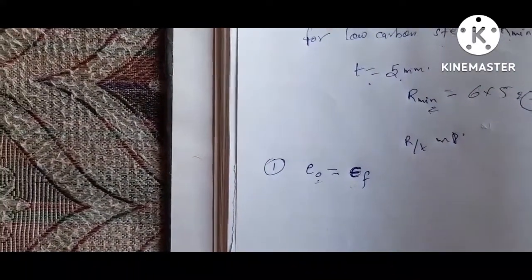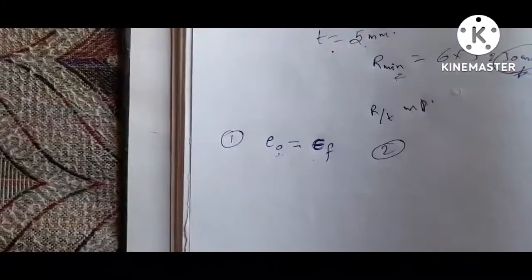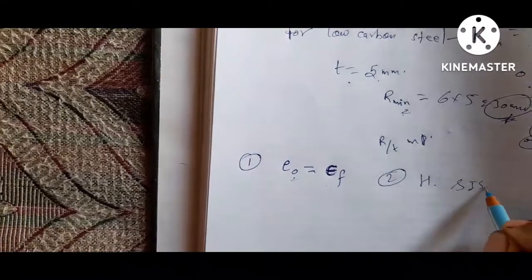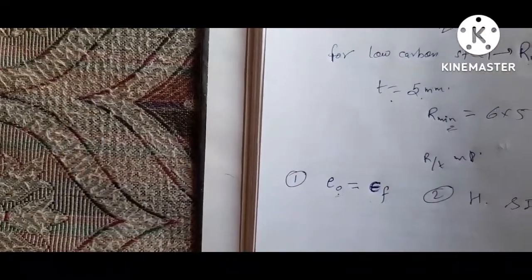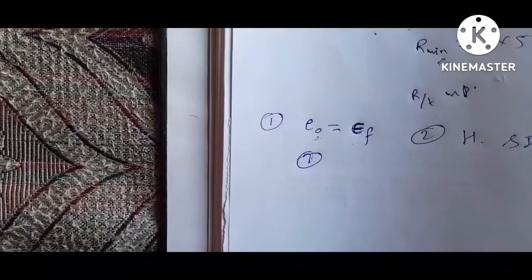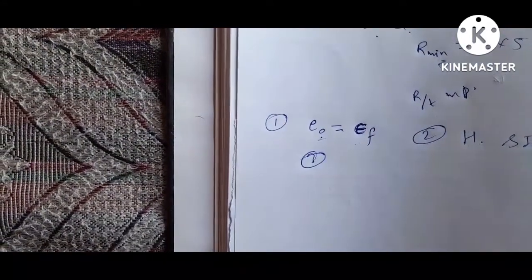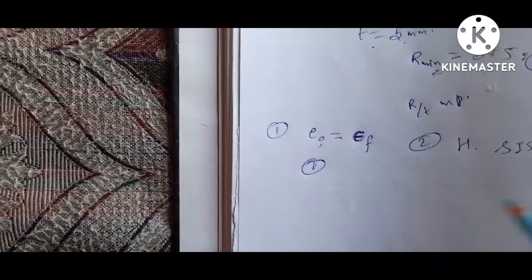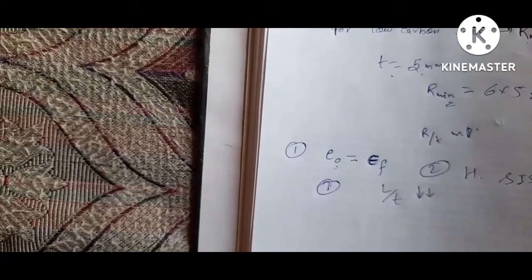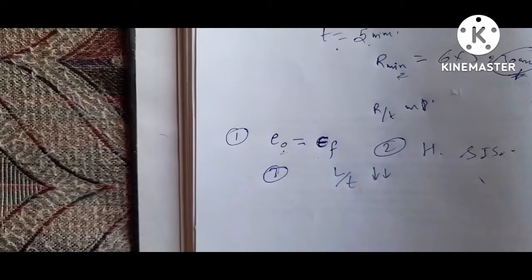The second assumption is that the material is homogeneous and isotropic. The third assumption is that the sheet is bent in a state of plane strain. That means the L by T ratio is very small.